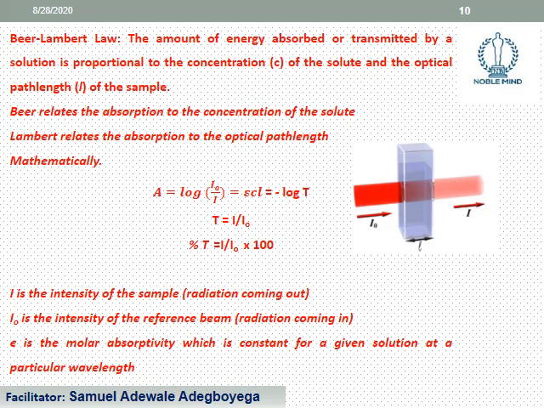So that is the interest of Beer-Lambert law, and that is the principle that UV visible spectroscopy operates on.